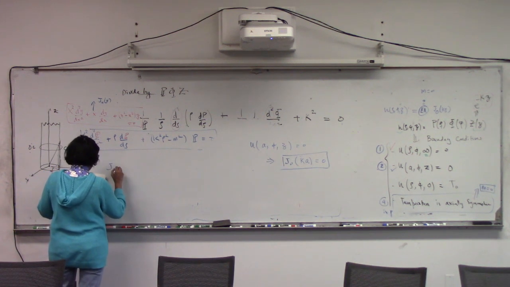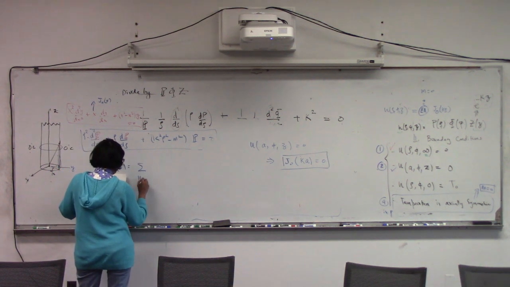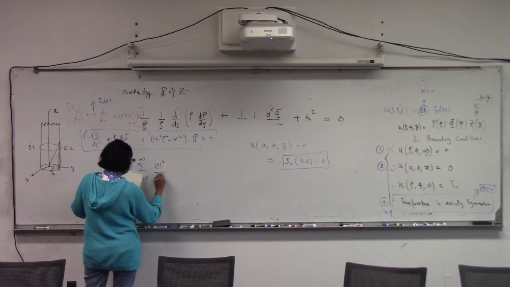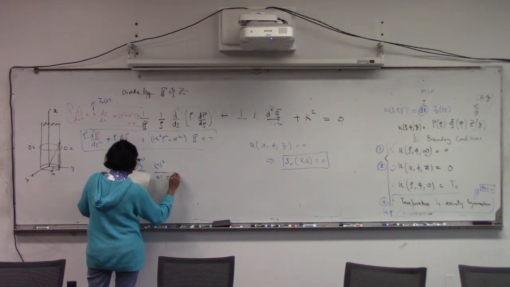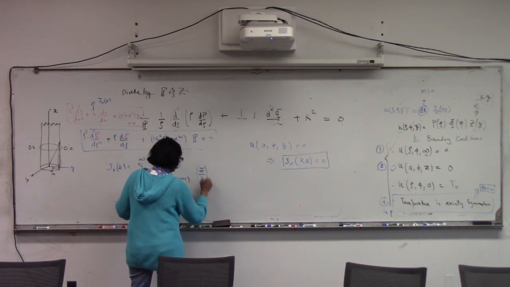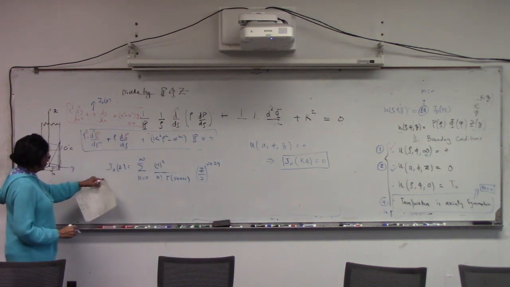This is a general expression, but I need only J naught. But just to remind you, we got this from the Frobenius series method. That's my Bessel function of nth order.